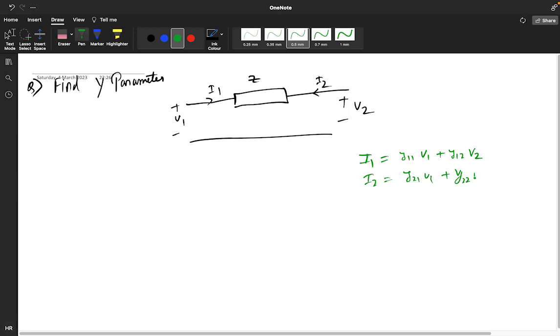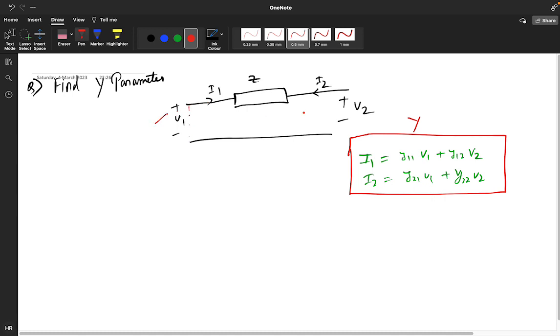So these are the general equations of your y parameter. Now, having this voltage here and this voltage here, what is the current? I1 is equal to what? V1 minus V2 upon Z. So I1 is equal to V1 by Z minus V2 by Z.